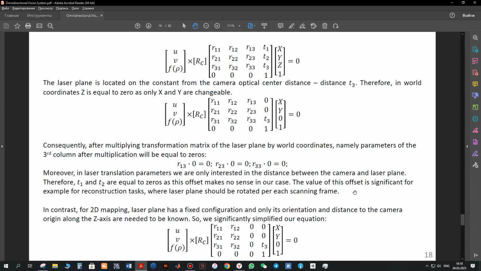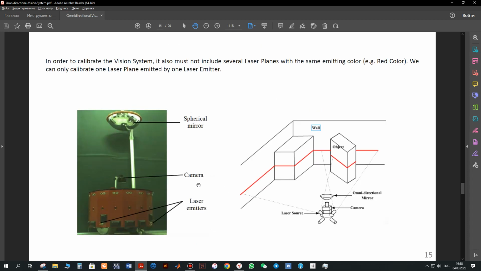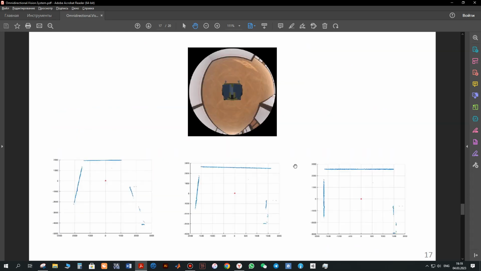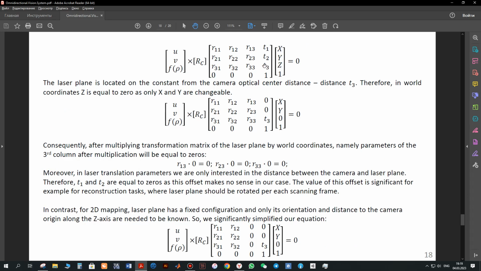So now let's consider how to get distances, how to calculate world coordinates from this matrix. And firstly we need to simplify this equation. The laser plane is located at a constant distance from the camera. It's this distance. So x, y, z, and the distance between camera and laser plane is along the z-axis. So we are interested in this T3.